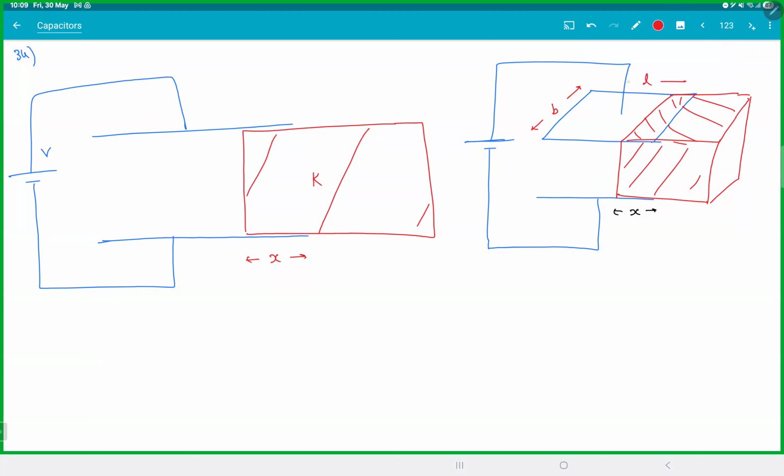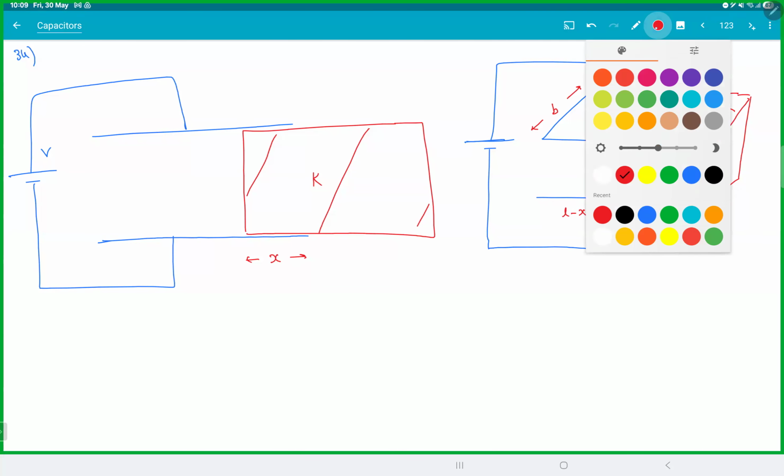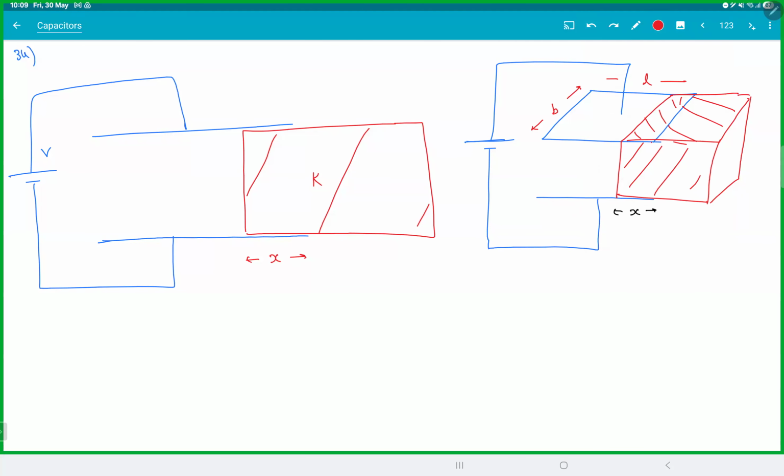Let this be length L. That means here this is L minus x. The length of the slab is also L only. Distance between the plates is d.